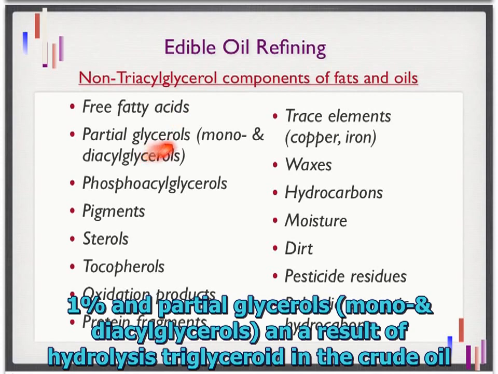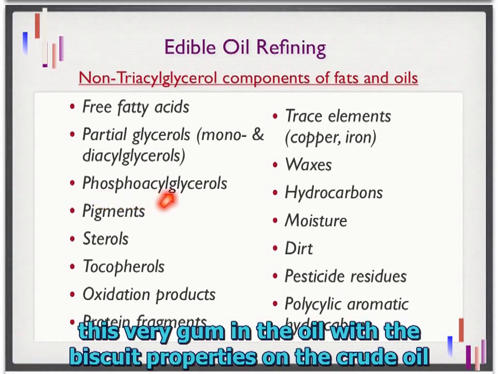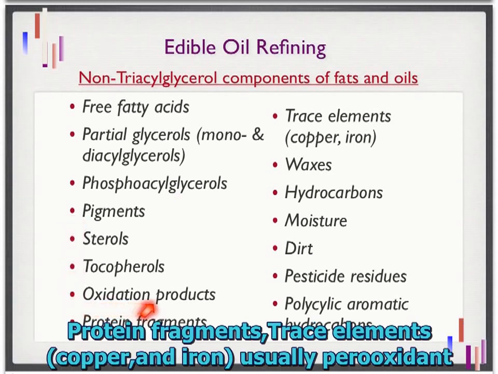And we have partial glycerols, mono and diglycerols, which are the results of partial hydrolysis of the triglycerides in the crude oil. Then we have phosphoacylglycerol or phosphatides. These are what we call gums in the oil, which give a viscous property to the crude oil. And other components such as pigments, sterol, tocopherol, oxidation products, protein, and the trace elements.